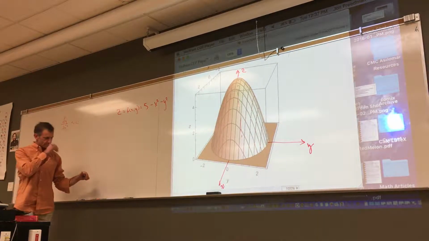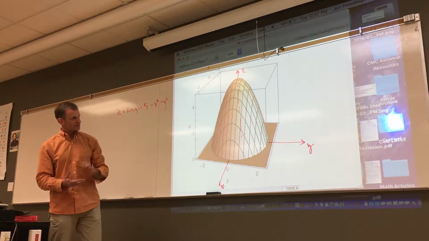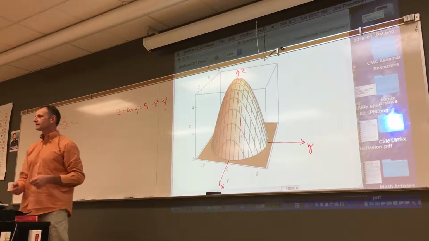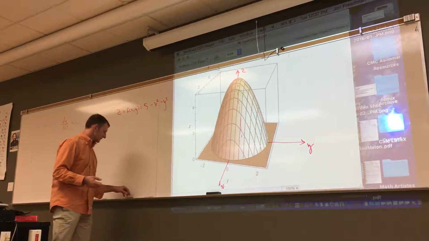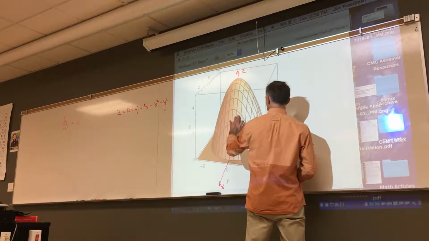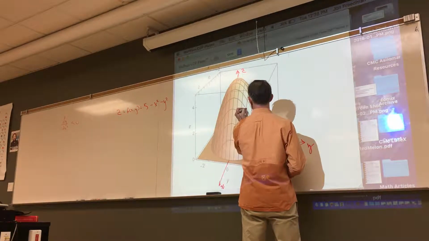Here's what I'm wondering. If you were looking at this parallel to the xz plane, right? So I'll pick a point on this so that I can kind of cheat. So here, suppose I pick this point.